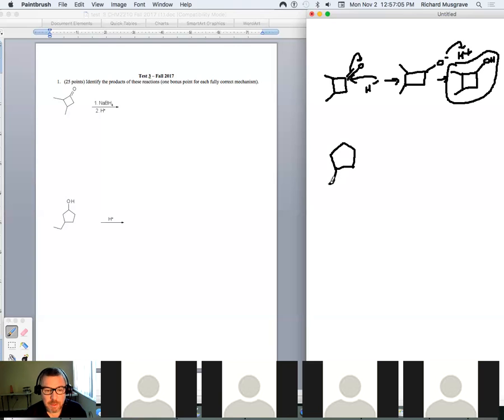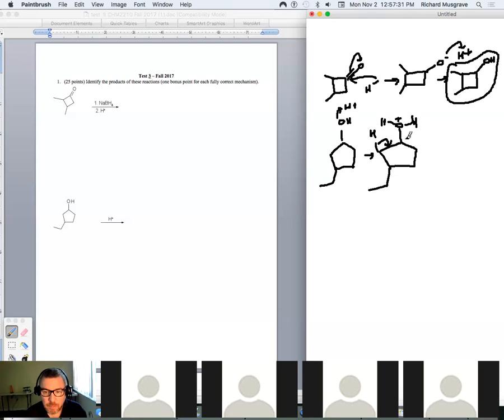Yeah, now this one might be a little bit tougher to do a mechanism for, but I'd still be inclined to do it. Be careful and make sure that you include all the relevant details, like this chain that hangs off the end here.